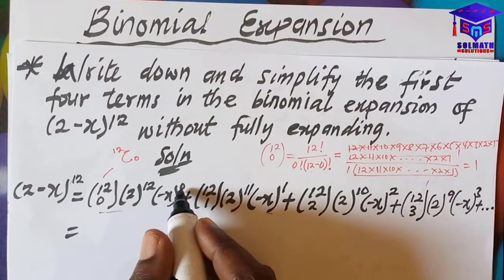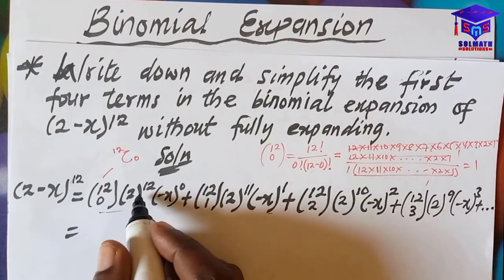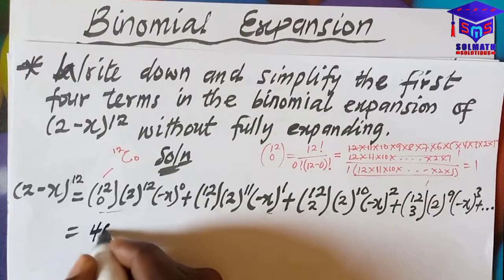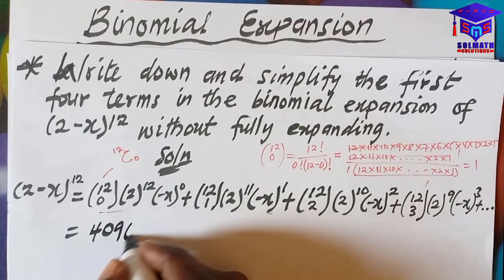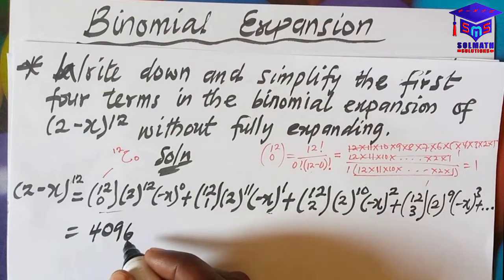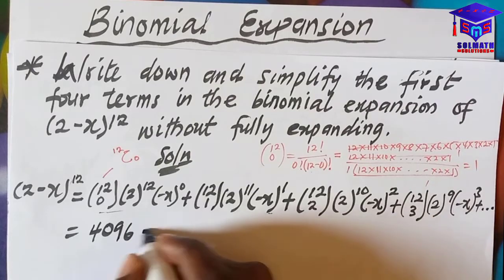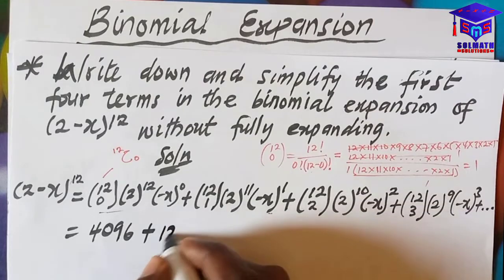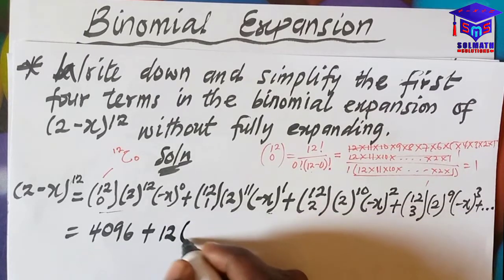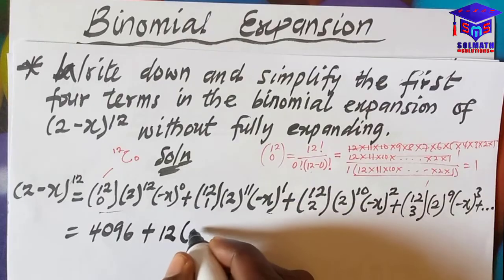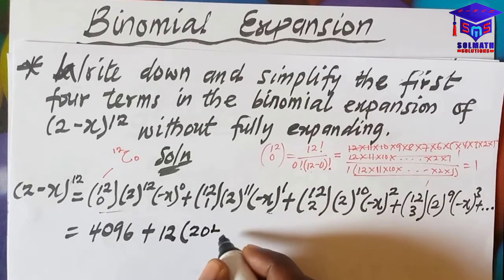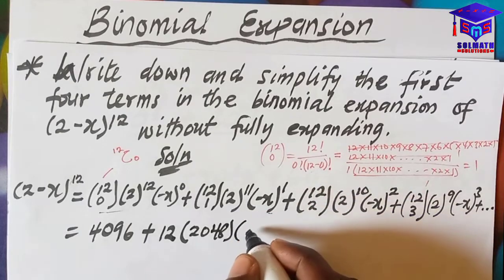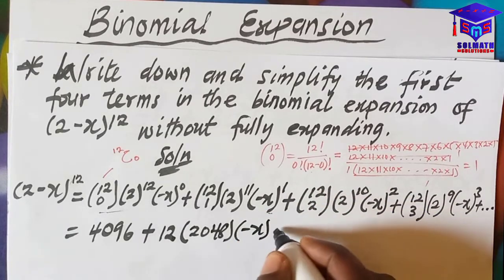So 12 combination 0 is 1, and negative x to the power 0 is also 1. So now we're left with 2 to the power 12, which will give us 4096. Good. Plus, when you come here, 12 combination 1, if you do this you're going to get 12, times 2 to the power 11, which is 2048, and then negative x to the power 1 is negative x.